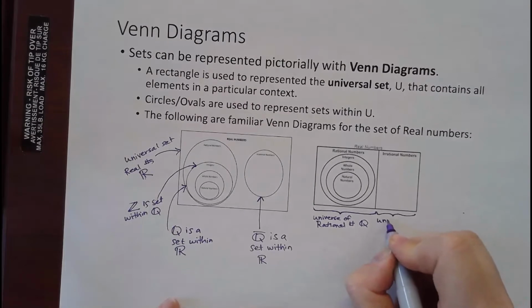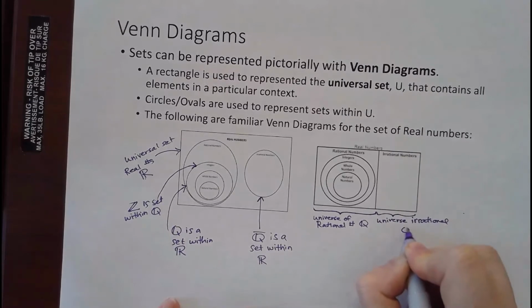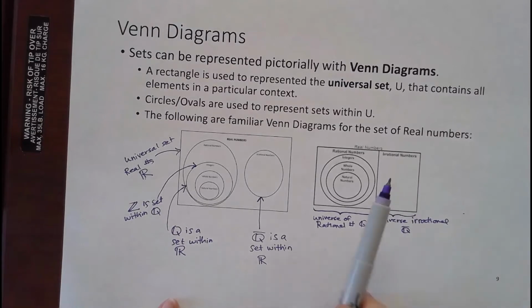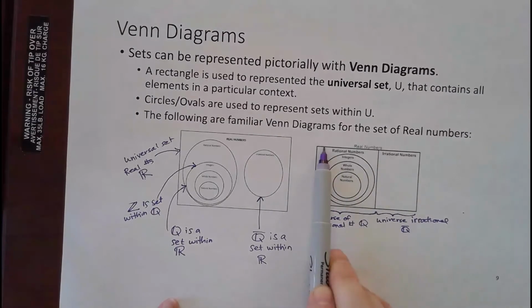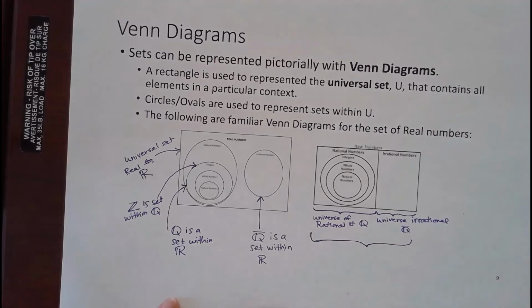This is the universe of irrational numbers, so that would be our Q bar. And if I take this rectangle and this rectangle and put them together, this larger rectangle, these two universes together make up the universe of the real numbers.